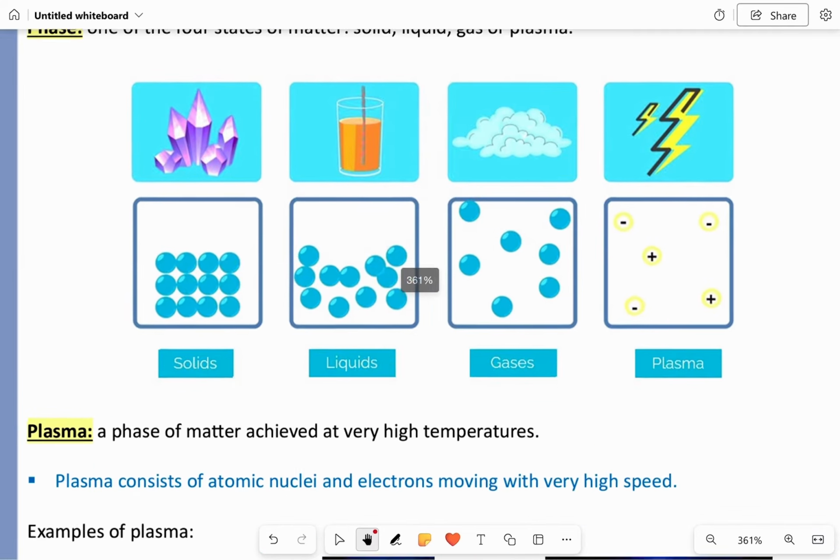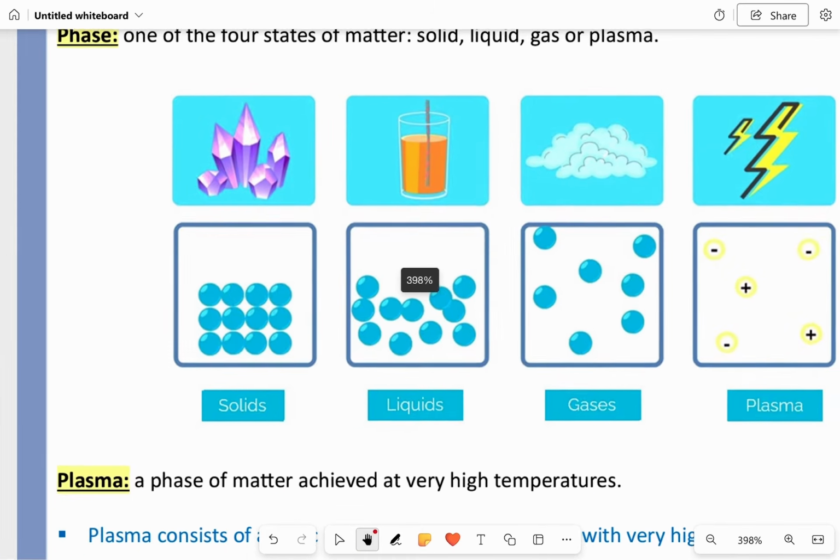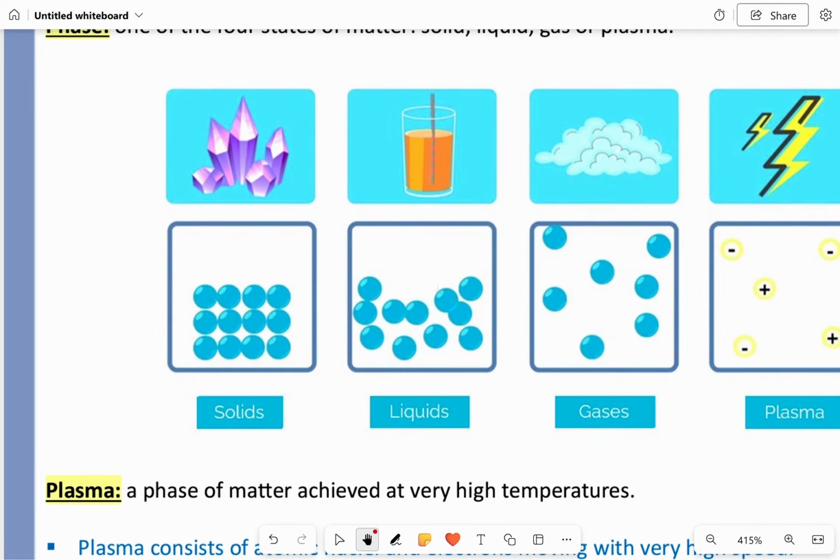Now, solids, before we talk about other things, let's talk about their atomic arrangement. The distance between the molecules or the atoms of solids is very small, okay?